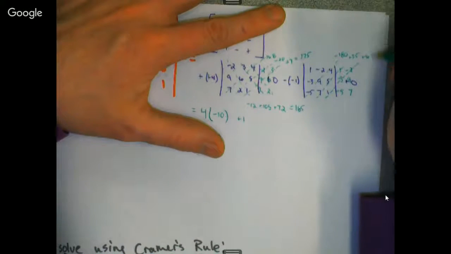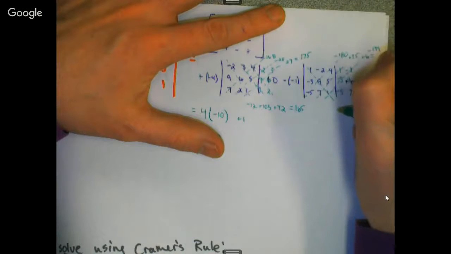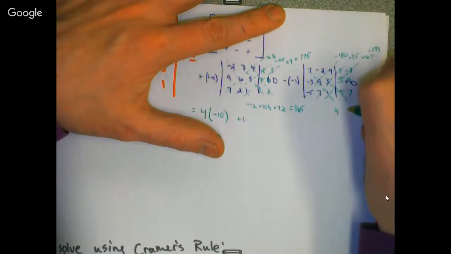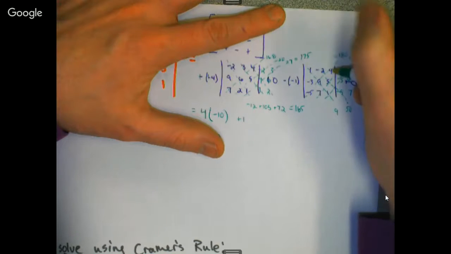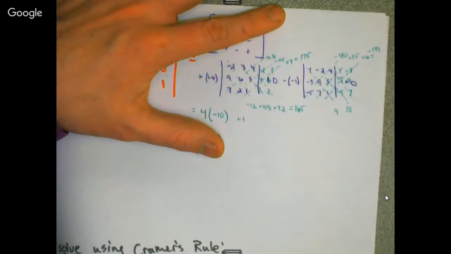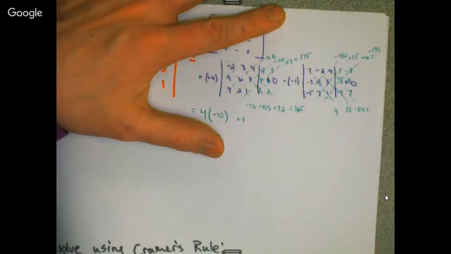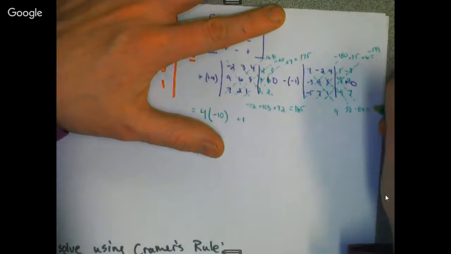You will get negative 139, 1, 9, and 1, negative 2, 5, and negative 5, so 50. And then 4, 3, and 7. You get minus 84, which is negative 25.